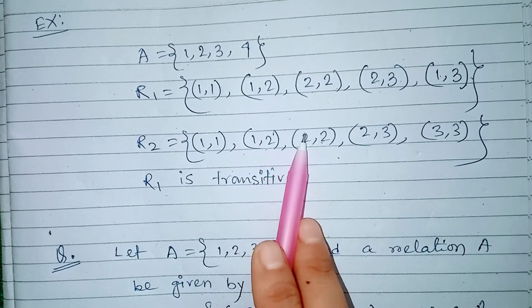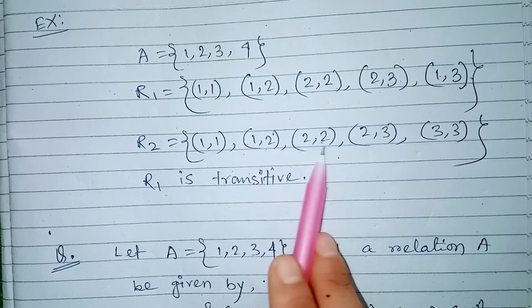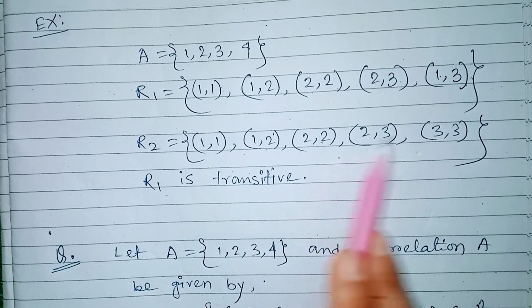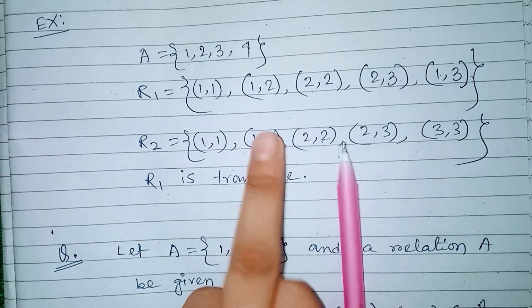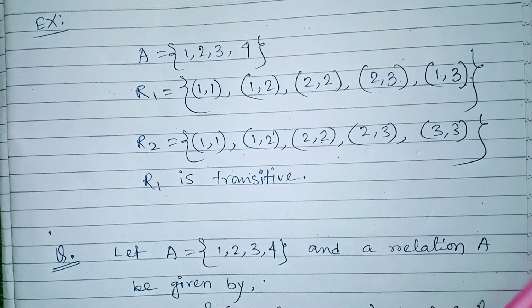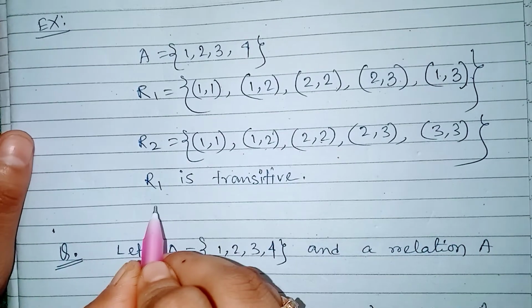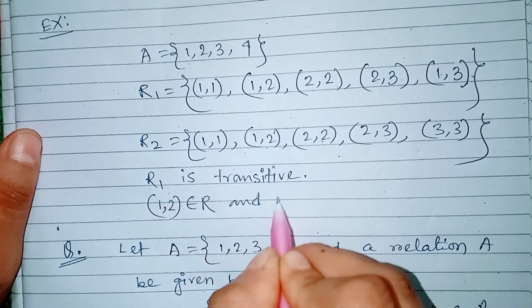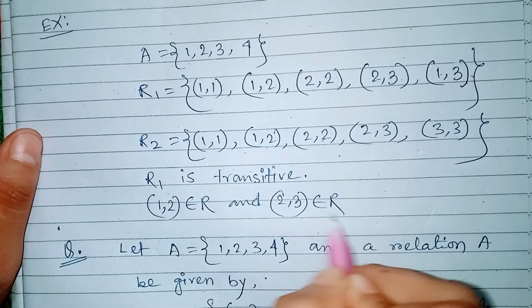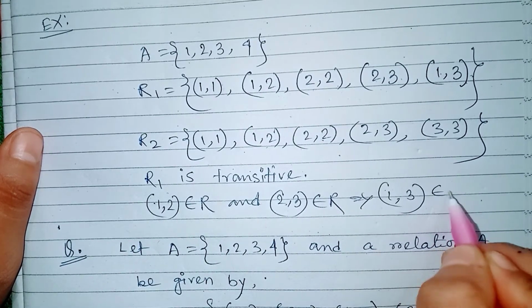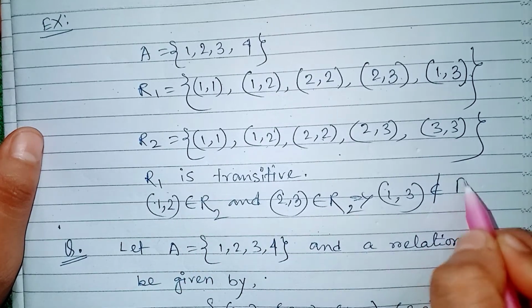But (1,2) is here and (2,3) is here. If we cancel out 2, we have to find (1,3) here, but you can see there is no (1,3). So (1,2) belongs to R and (2,3) belongs to R, and if we cancel out 2 and 2, then (1,3) should belong to R, but it does not belong to R2.